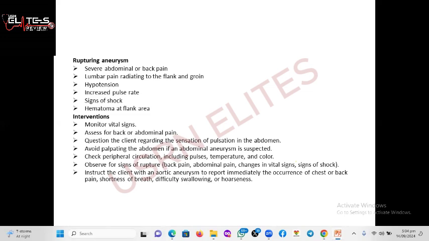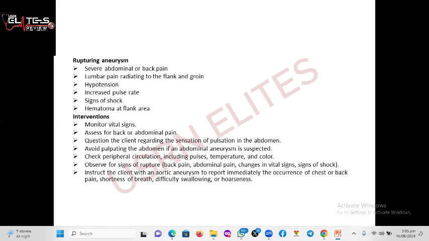So when you have that, I think the most serious form of it is the abdominal aneurysms. And so you need to ask the patient to tell you whether there is any form of sensation with regards to any pulsation in the abdomen, so that you can know that the thing is actually enlarging, and then any mistake could put the patient at risk of having the aneurysm rupturing.